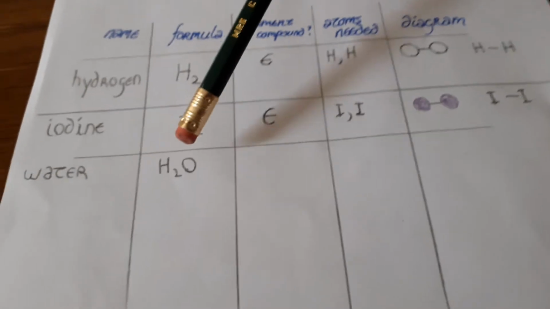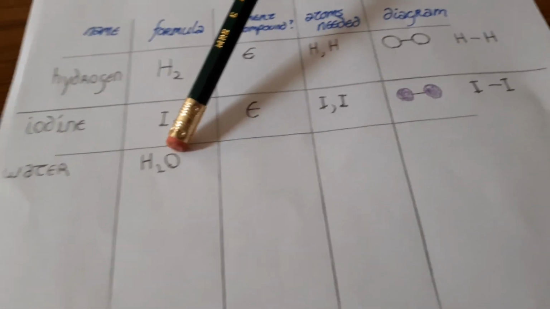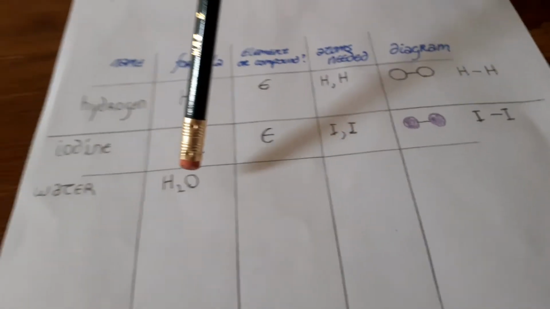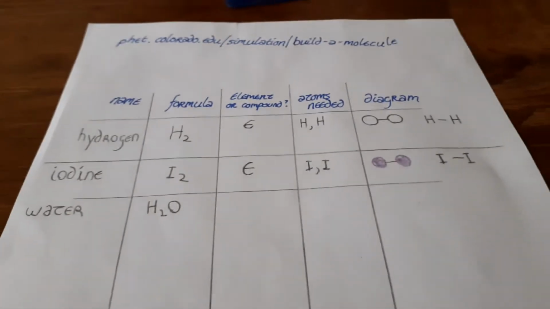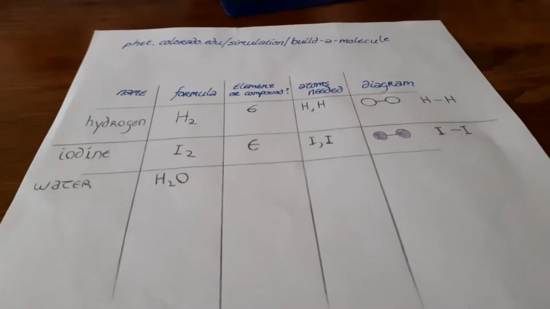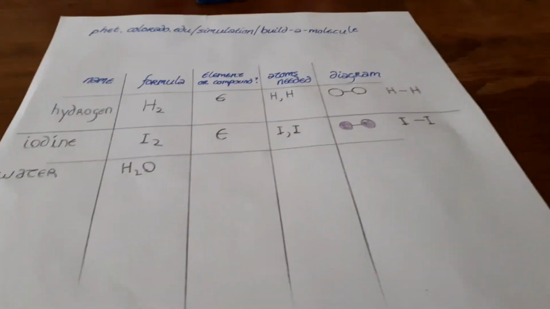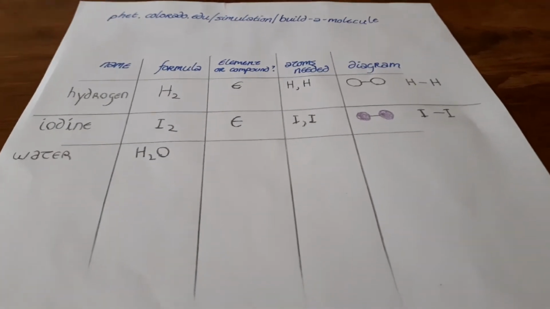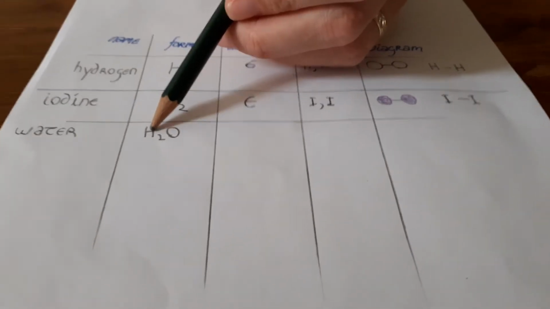Capital O, because it's a new element. It shouldn't look like H20, it should definitely be a capital. I can't come round and check your work, so I'm telling you now, I'm assuming that somebody's got it wrong. It might not be you, it might be somebody else, but somebody usually does.